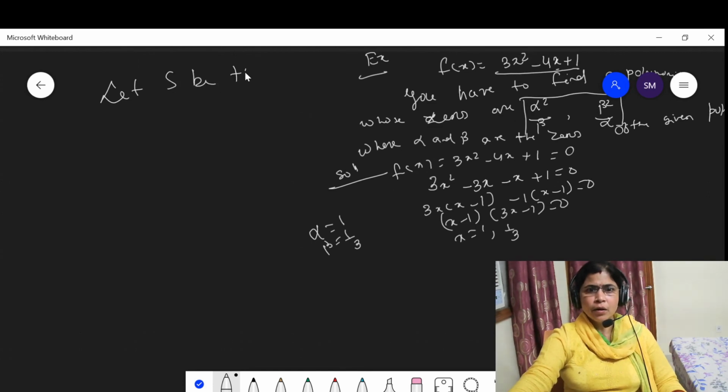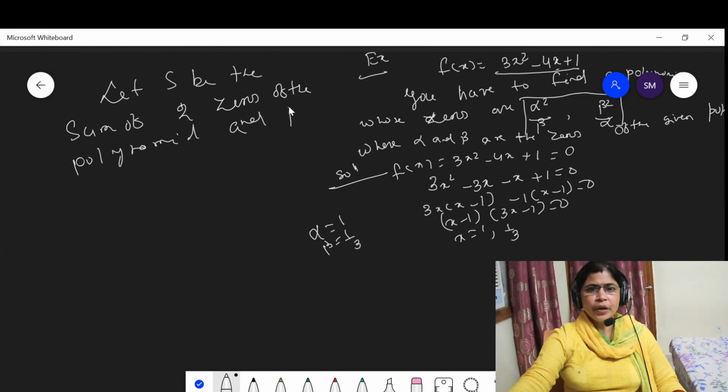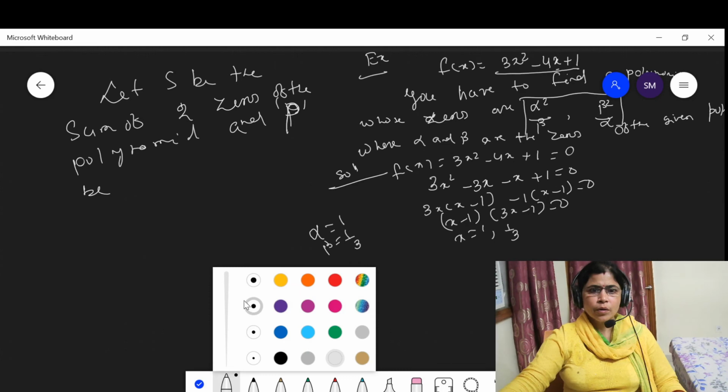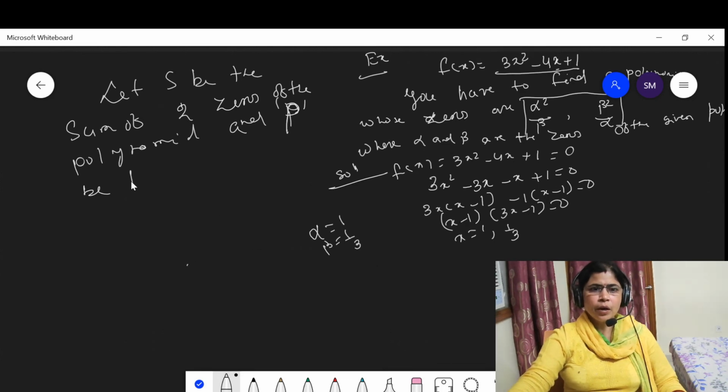Let S be the sum of two zeros of the polynomial, and P be the product of the zeros.